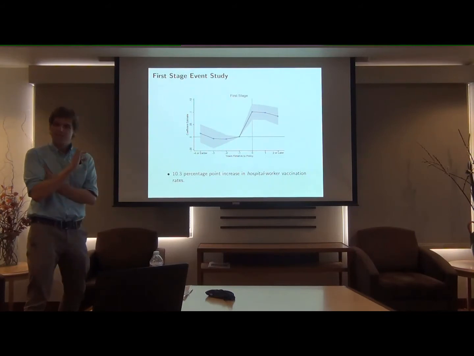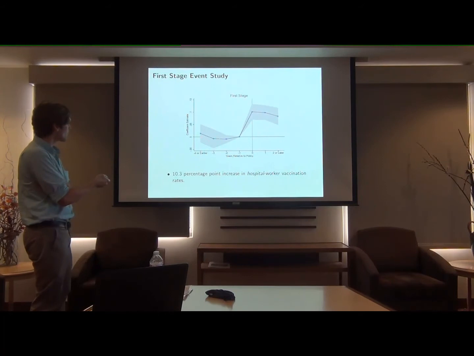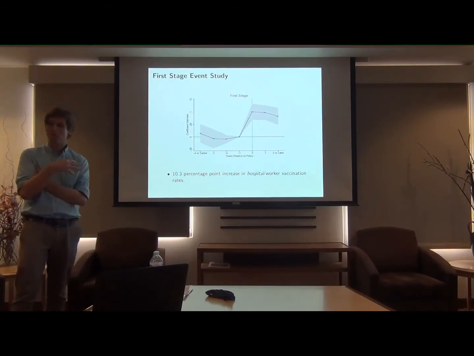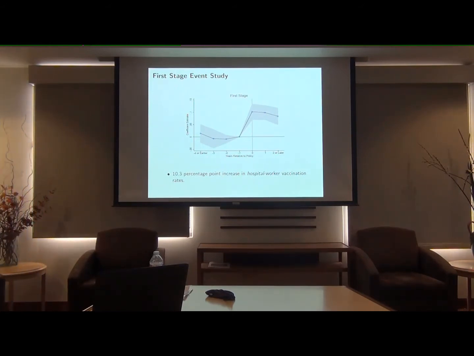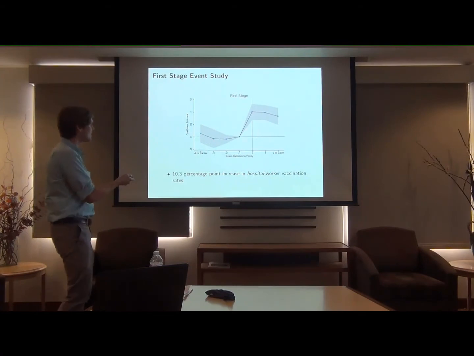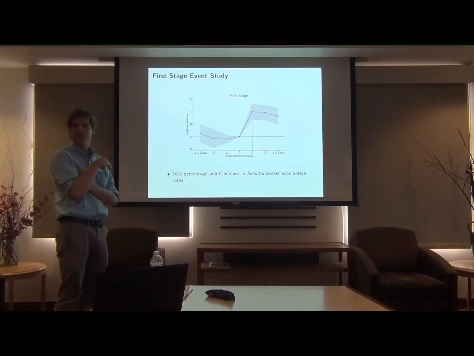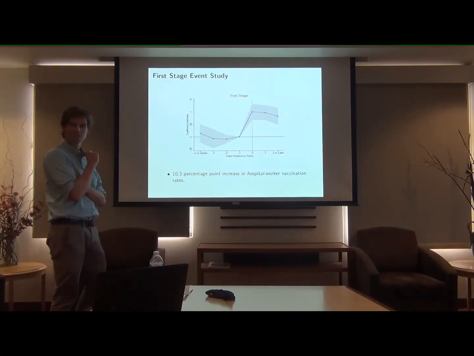This is the first stage, hospital worker vaccination rates. That's the outcome. What you can see is, leading up to the policy, no evidence of significant differential trends in vaccination rates, but as soon as the policy goes into effect, a pretty dramatic increase, about a 10 percentage point increase in hospital worker vaccination rates.